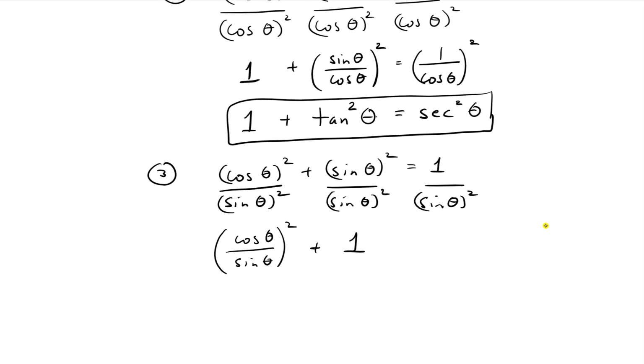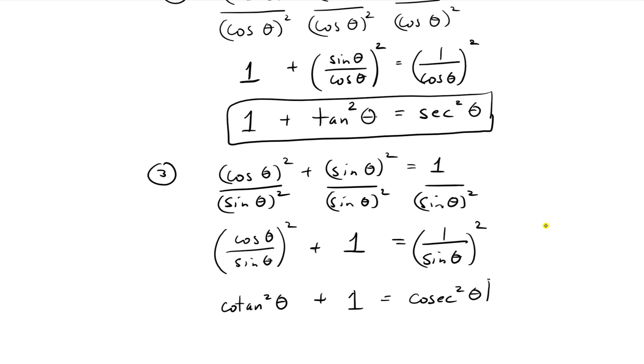Sine over sine, that's 1. 1 over sine squared. Now cosine over sine, this is cotangent. So what we have here is cotangent squared plus 1 equals 1 over sine, this is cosecant, squared. So there's also a relationship between cotangent and cosecant. And this is our third Pythagorean identity.